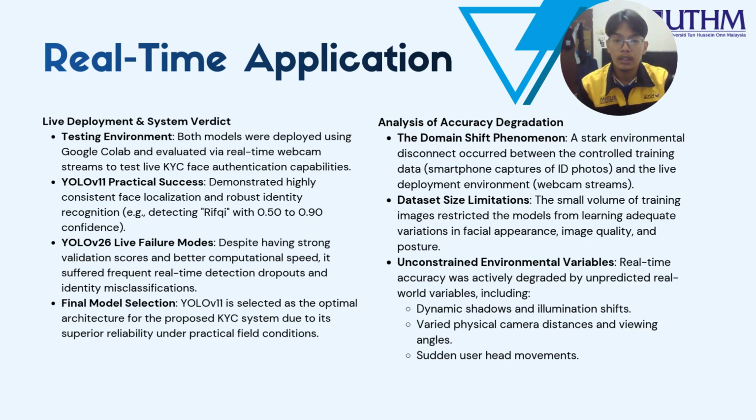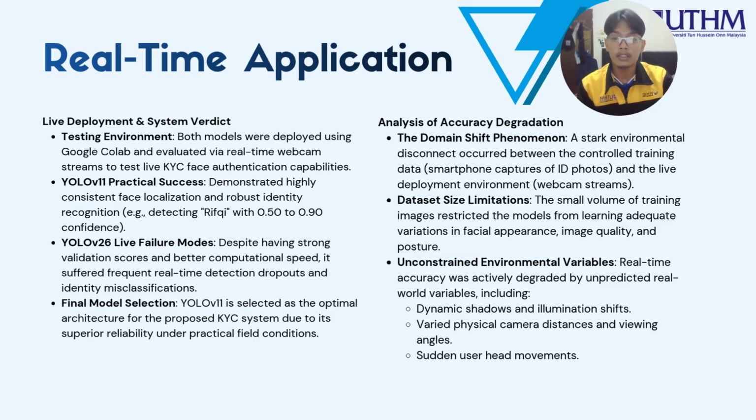Next, the analysis of accuracy degradation. For both models, the difference in accuracy between validation and live webcam can be associated with the issue of domain shift in the case of the dataset and deployment environment.